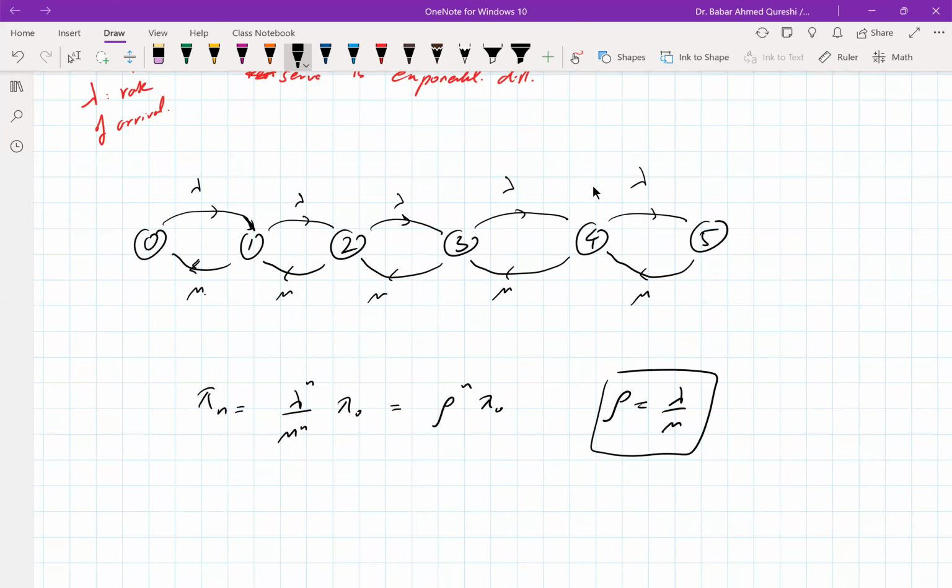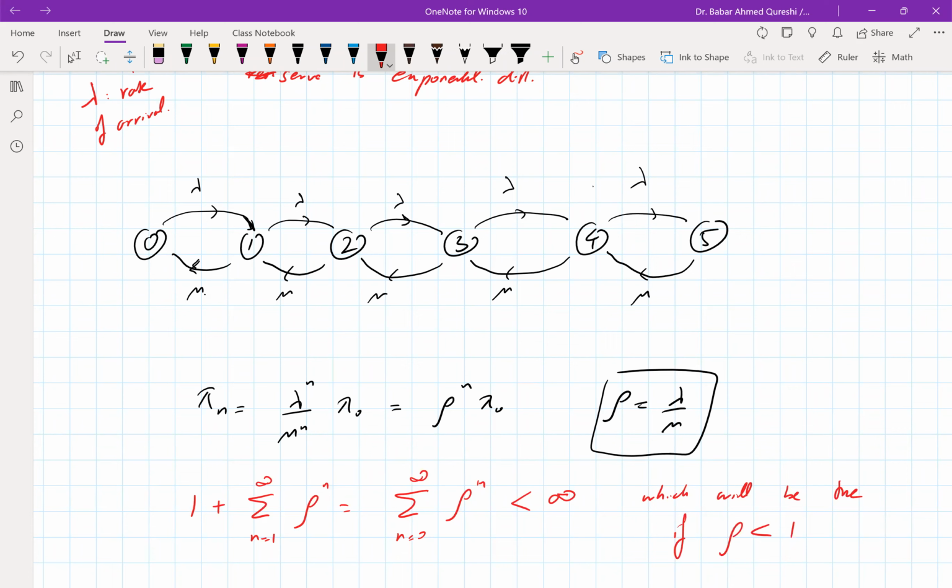And then on top I have this condition: the sum from 0 to infinity of rho^n has to be less than infinity, which will be true if rho is less than 1.